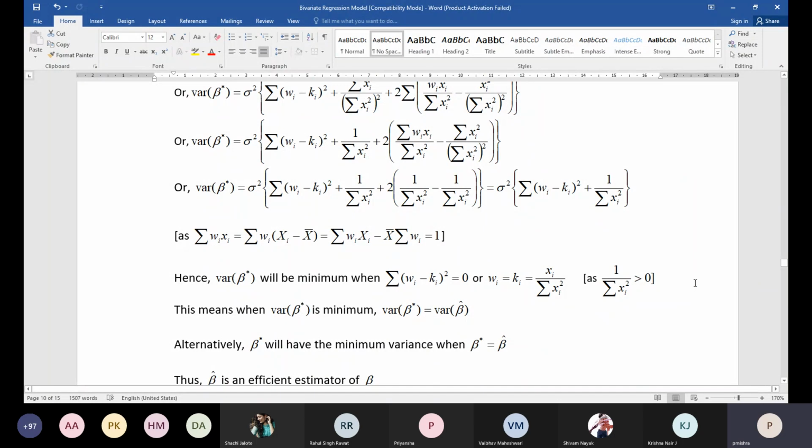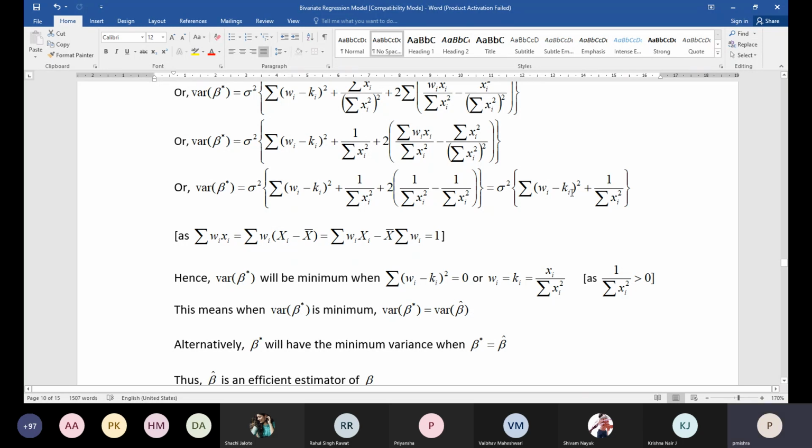What we are saying is, an estimator, if it is to be efficient, should have the minimum variance. Now, as per this expression, this variance should be minimum when this component is 0. And this component would be 0 only when wi is equal to ki.